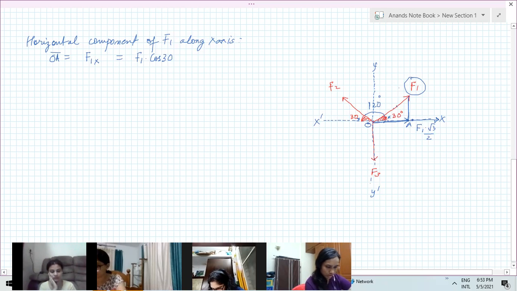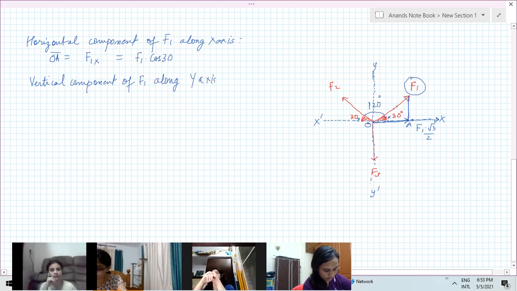Likewise, I want F1 along the y-axis. That means I want the vertical component of F1 along the y-axis. So how do I do that, Shreya? We take sine 30. Correct.